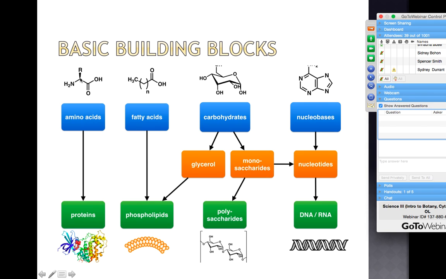What type of atom is here at the intersections of the squiggly lines? What do you find in each one of those? It's another one. That is the basic element of life.